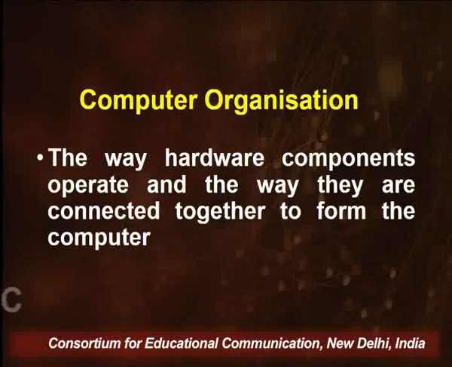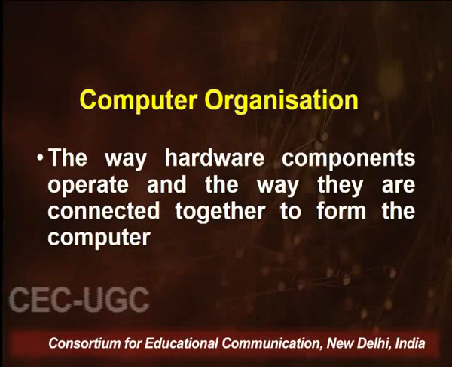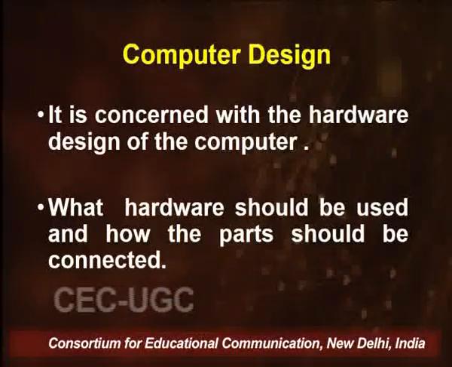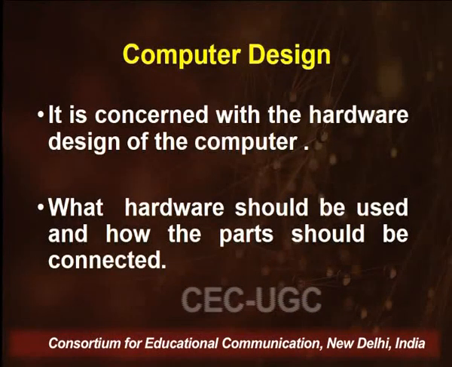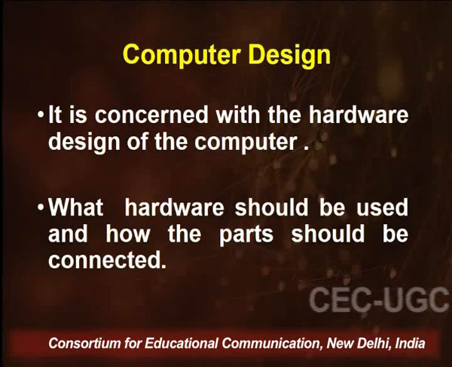Let's start with computer organization. The way the hardware components operate and the way they are connected to form the computer is the organization. Coming to the next one, which is design. This is concerned with the hardware design of the computer: what hardware should be used, what parts should be connected, and how they are going to be associated to each other.